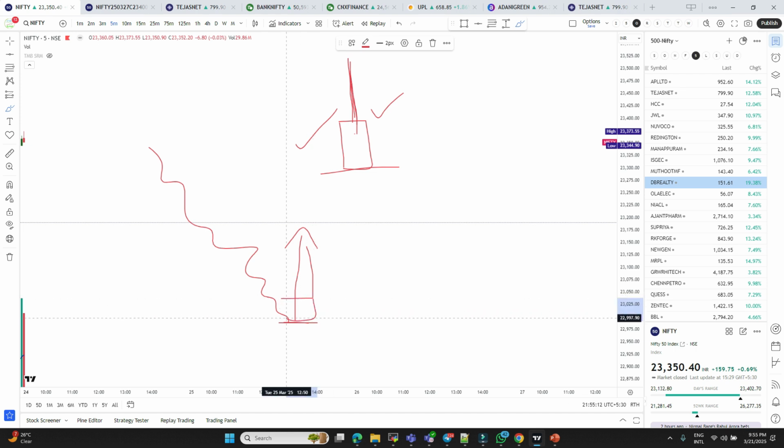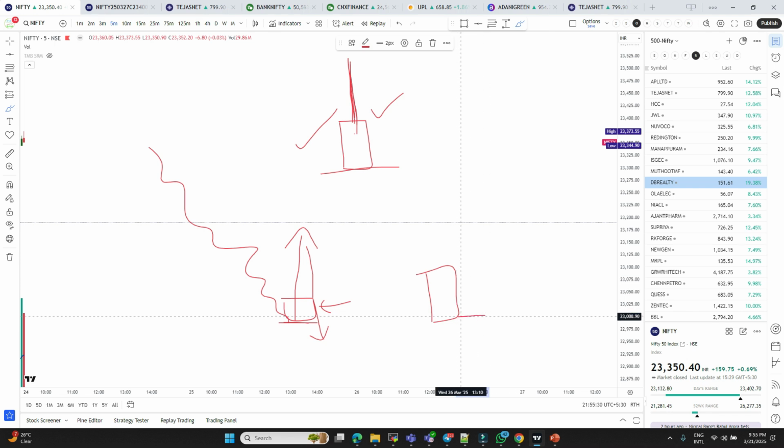They were not able to bring it completely down. That means the sellers are getting weak. The market is here, the candle closed here as a red candle.